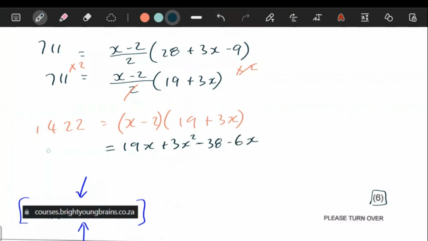Then we have 1422. So 3x squared, 19 minus 6 is 13, and negative 38 minus 1422, when everything moves to one side, is negative 1460.